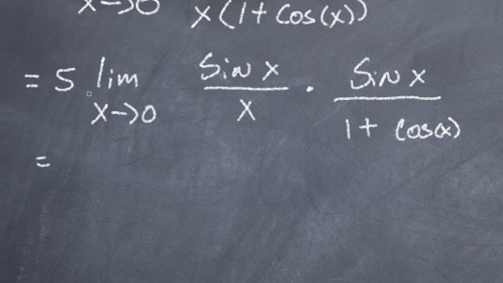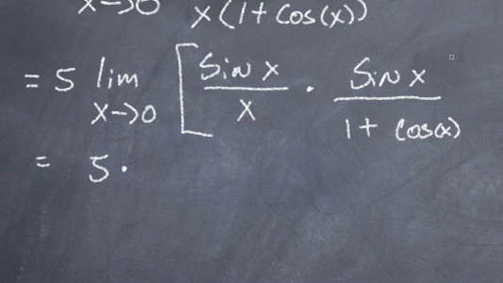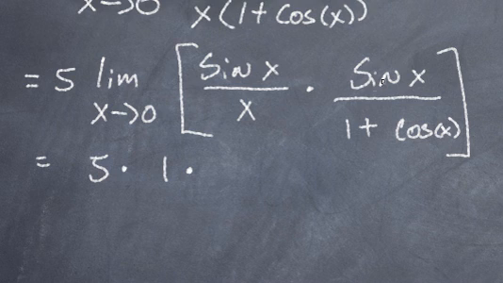Okay, so I have the 5 times. Now we can separate these limits because we've got these two guys multiplied by each other. But instead of separating the limit and rewriting all this stuff again, I know that the limit as x approaches 0 of sine x over x, we said was defined to be 1, times, and I plug the 0 in up here, and the sine of 0 is just 0.